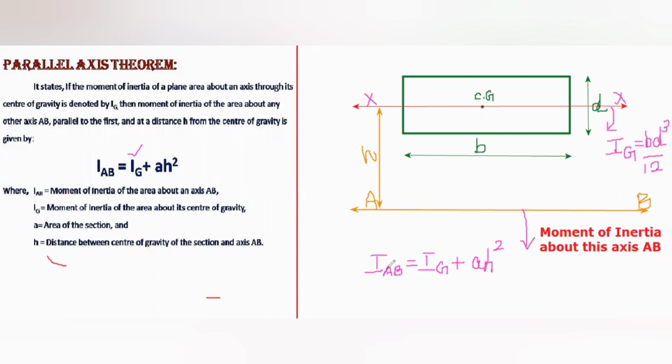Here IAB is the required moment of inertia with respect to the parallel axis AB, which is at a distance h from the center of gravity or the axis xx or horizontal axis, which passes through the center of gravity.